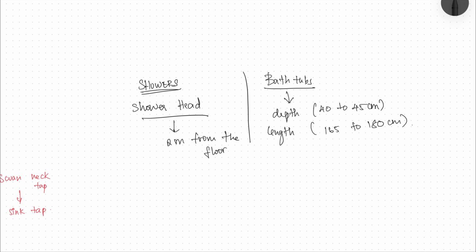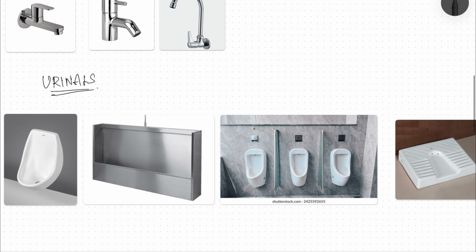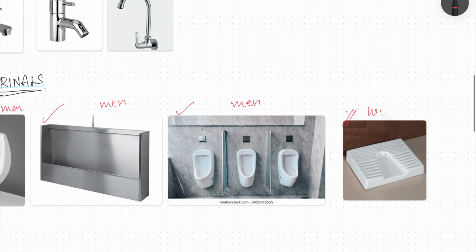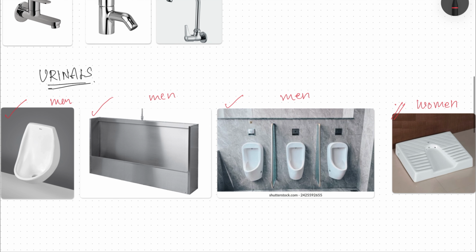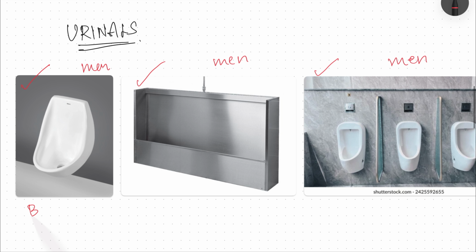Then we have different types of urinals. These three are for the men, while this is for the women. This is your bowl type urinal. This is called slab type, or it's also called a trough.